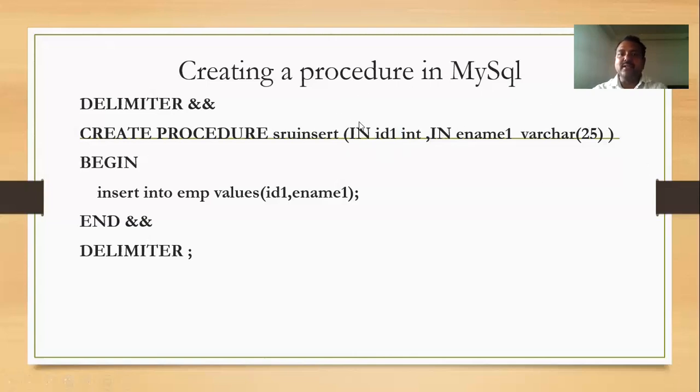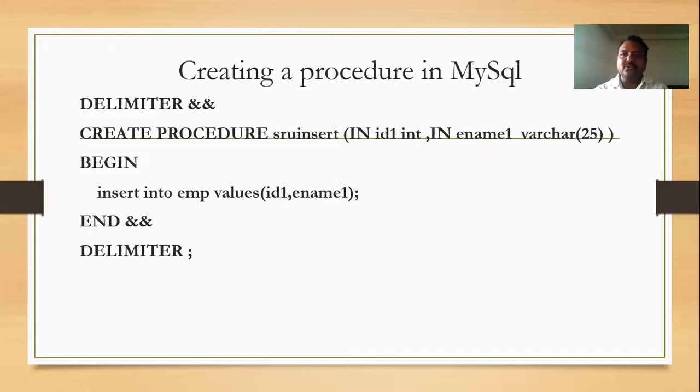ID1 is a parameter and ename1 is a parameter. ID1 is of the data type integer, and ename1 is of the type varchar, and the size of this varchar is 25. By using these variables, I would like to give the data into the procedure.